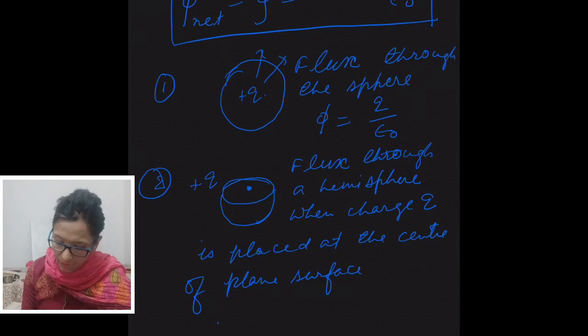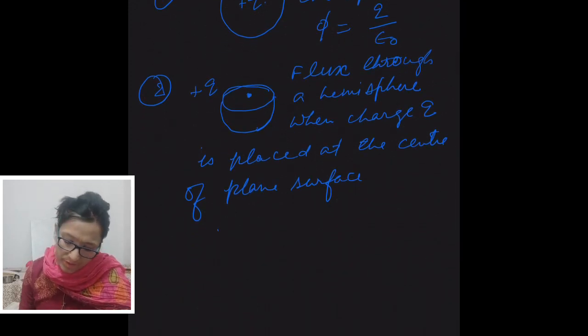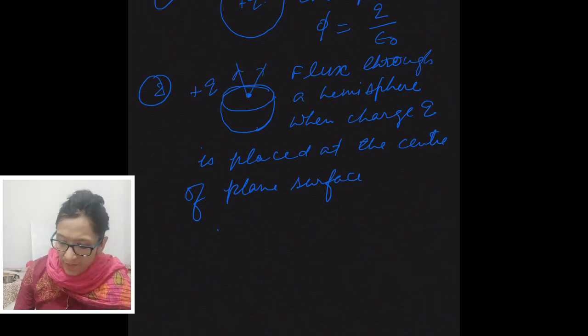Here you have placed one charge plus Q. Then you can see that the field lines emanate in all the directions.